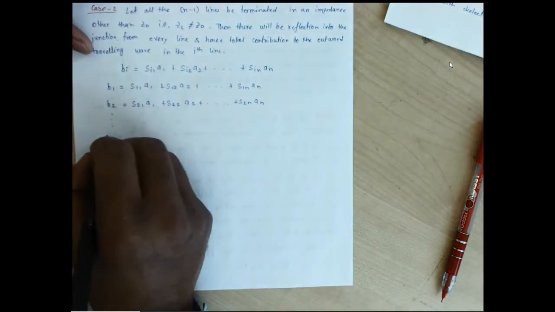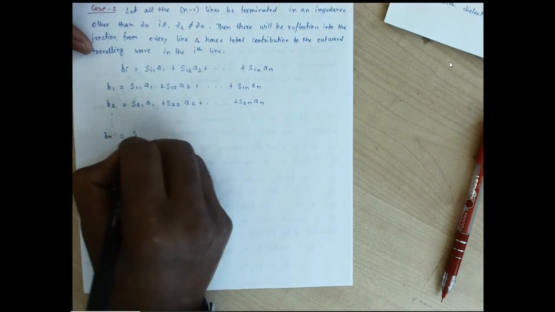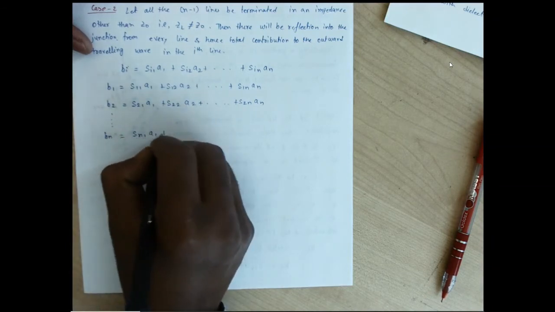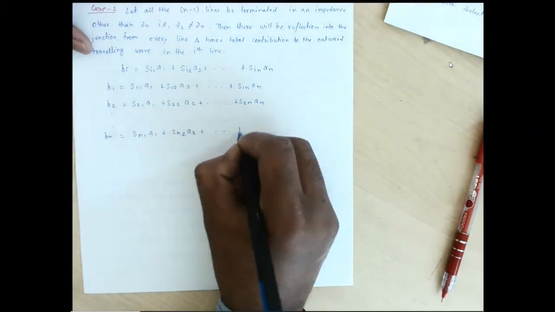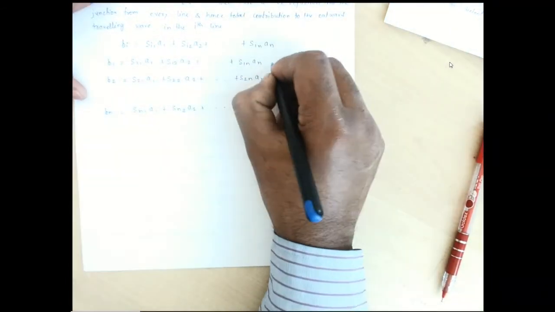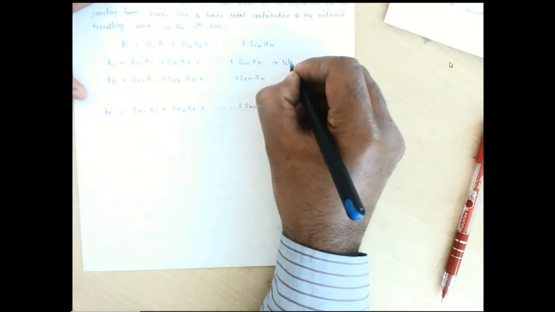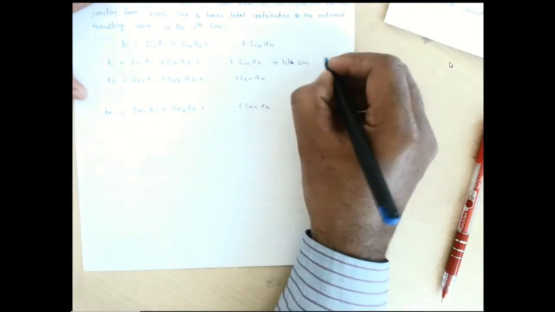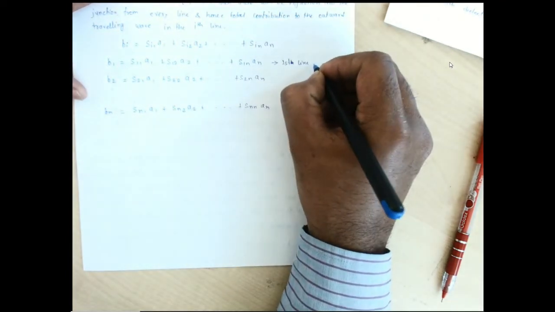In this way, if the nth line is given as a source, we can say Bn equals Sn1 A1 plus Sn2 A2 plus Snn An. So for this case, the first line is connected with the source.